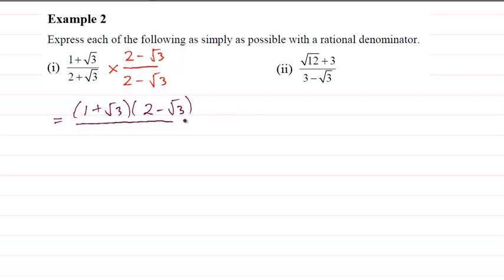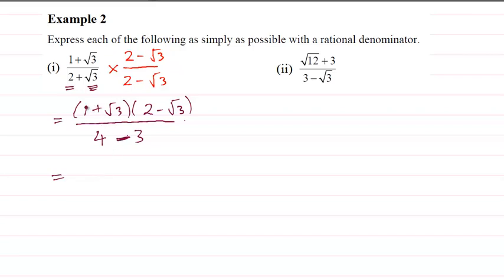But the denominator is always simple. Square the first number here, which is 4, always minus sign, then always square the second number here, which is 3 in this case. So denominator is only 1, so that's no problem.